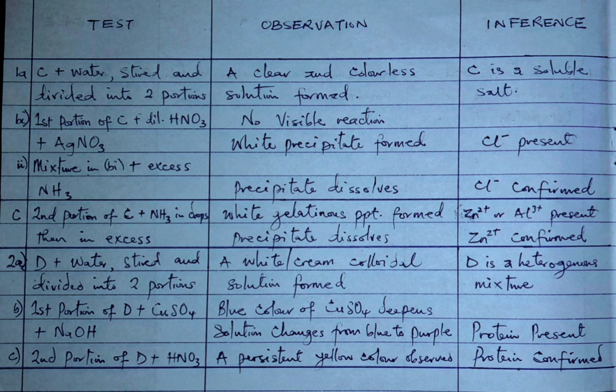Now that is the Biuret test. The Biuret test is a test for protein. So the reagents in the Biuret test are copper sulfate and sodium hydroxide.